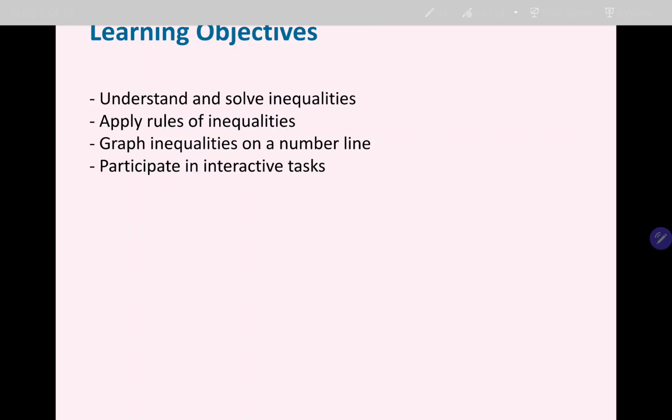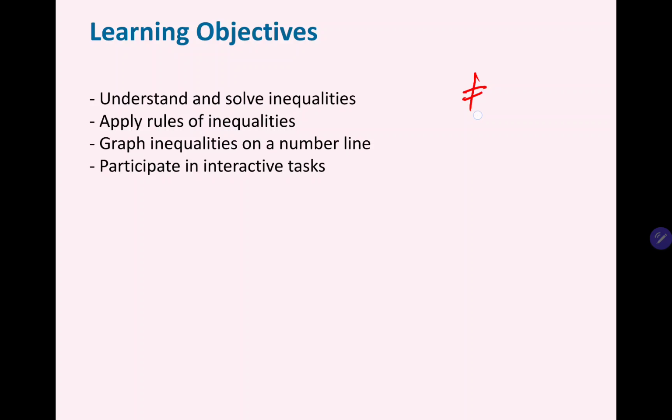So for inequalities, just like equalities is equation, inequalities meaning is not equal to. So we have about five symbols that represent inequalities or that we use in inequalities. The first one is not equal to.